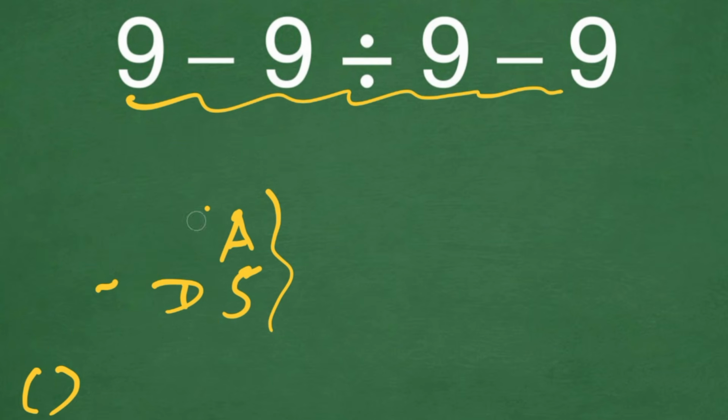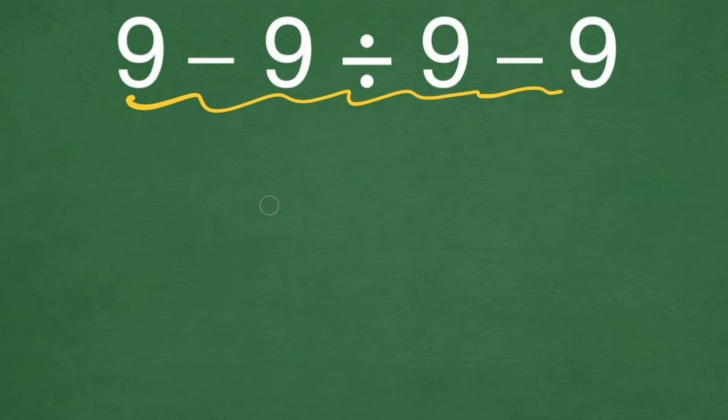So let's go back to our problem and solve the equation. So here we have a subtraction, another subtraction and a division. According to the rule, we have to solve the division before subtraction.